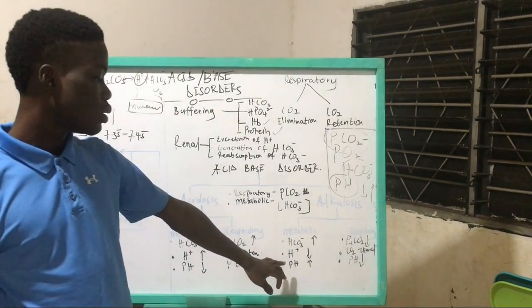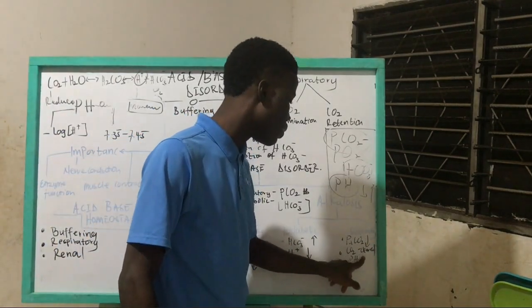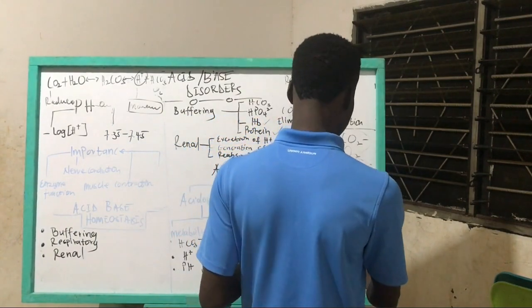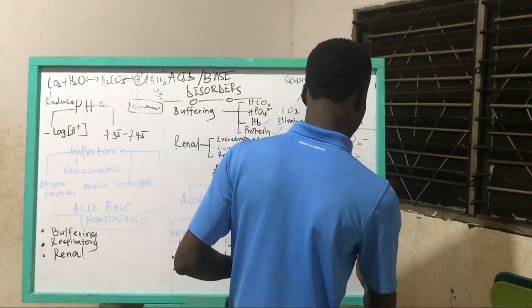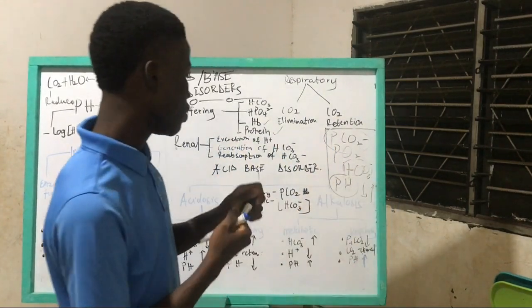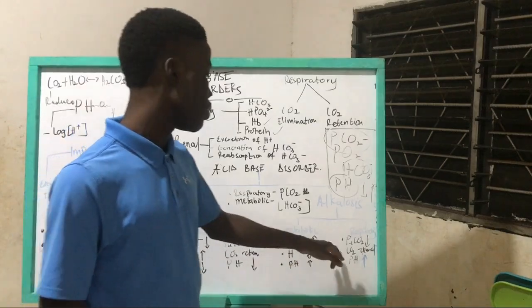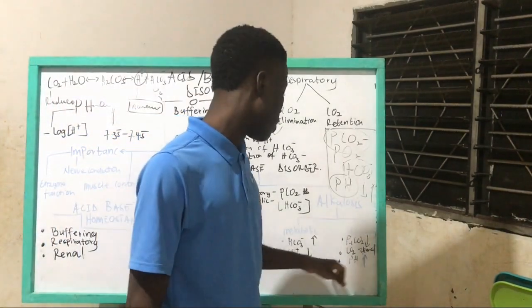Now, how are we going to know when it's alkalosis? When it's alkalosis, the pH increases. That's what you have to put in your head. Whether it's respiratory or metabolic, the pH must increase on both sides.